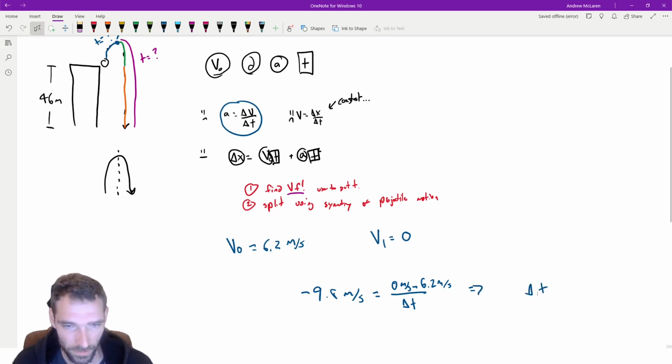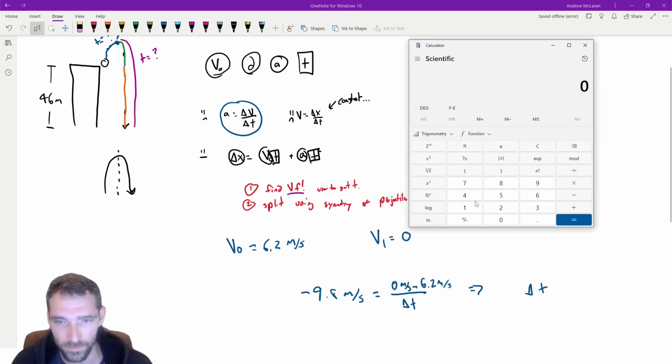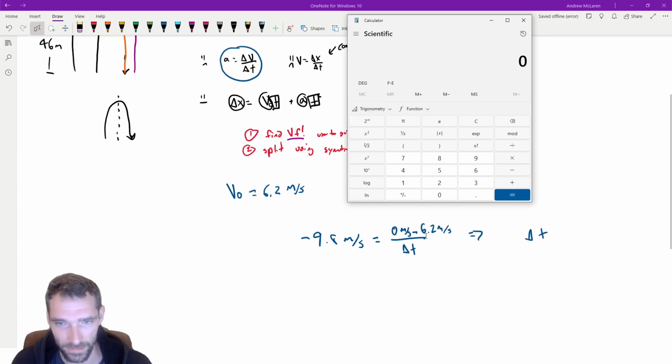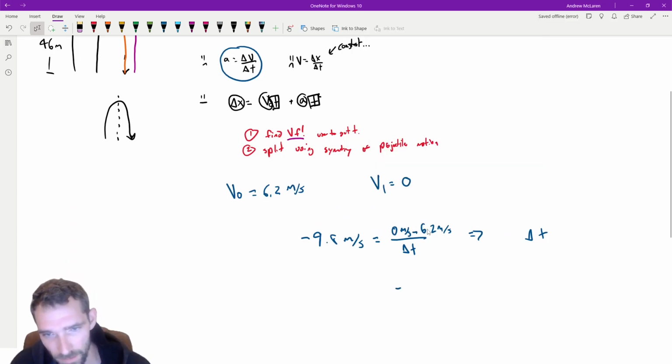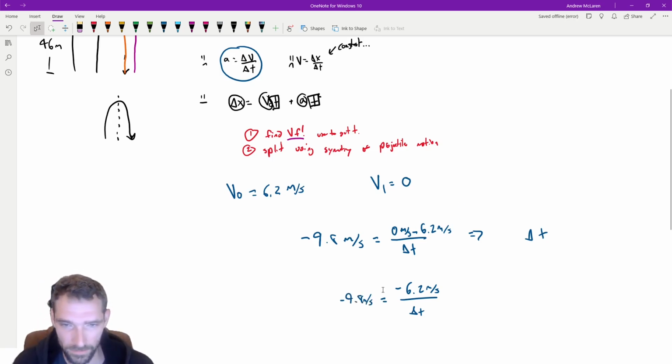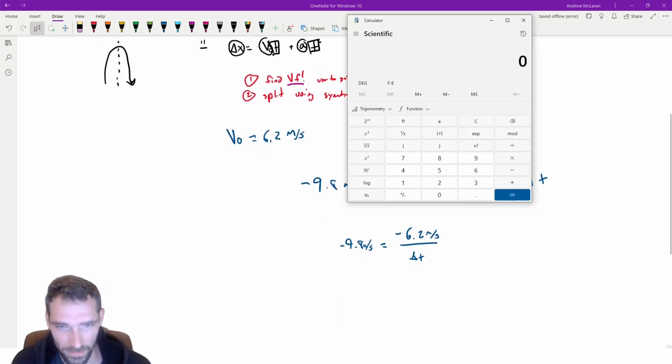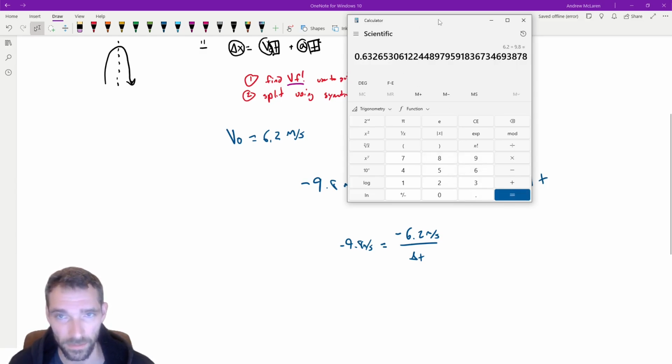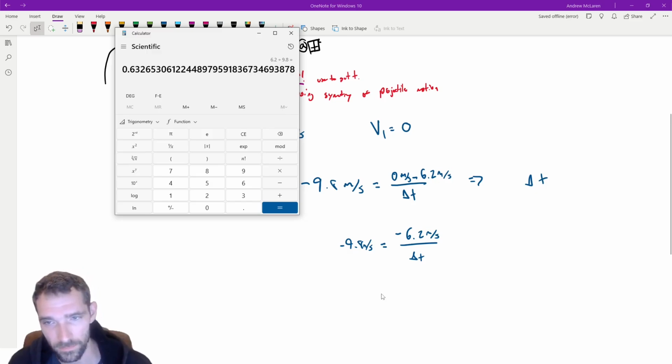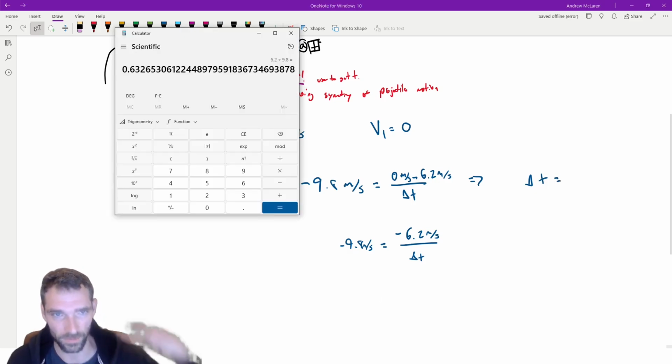So a little calculator work should show us that luckily it's just this negative 6.2 on top when we do that math. And we can look at that as kind of rearranging this. So we take that negative 6.2 and we divide it by the negative 9.8 when we rearrange that. Because they're both negatives, I'm just going to do that first one divided by that second one. So that's how much time it takes for it to just get up to its maximal position.